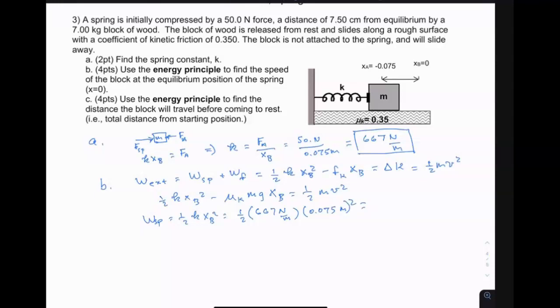We find that the work done by the spring is 1.876 joules.